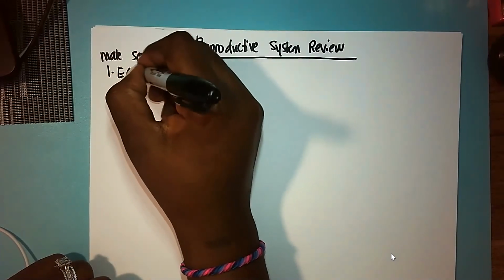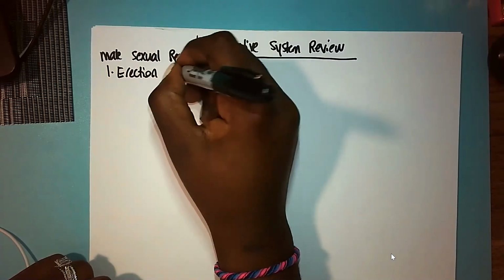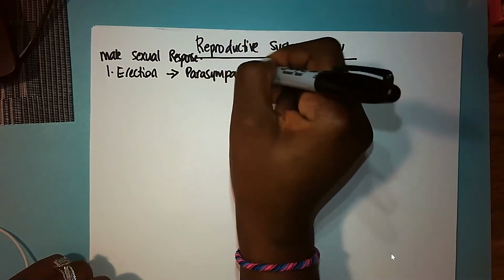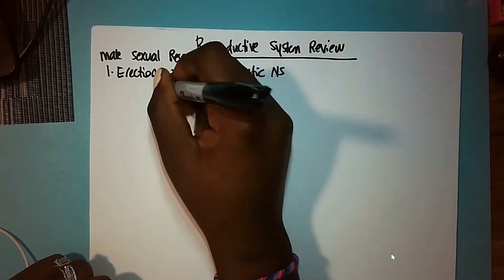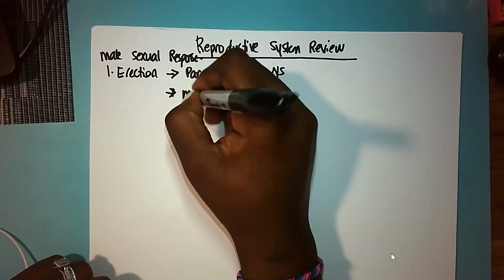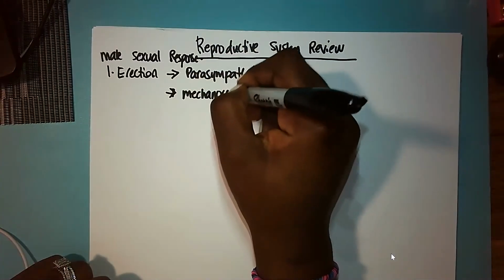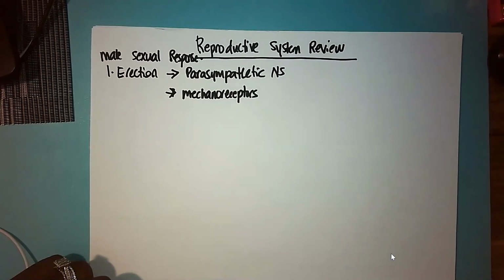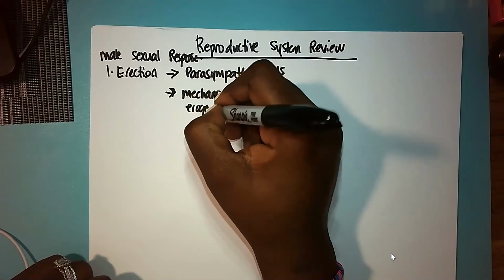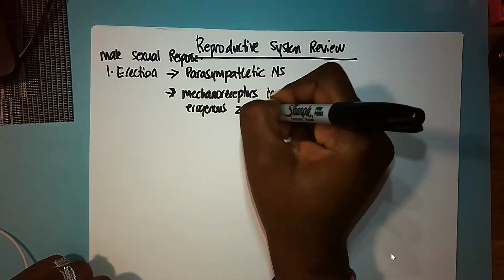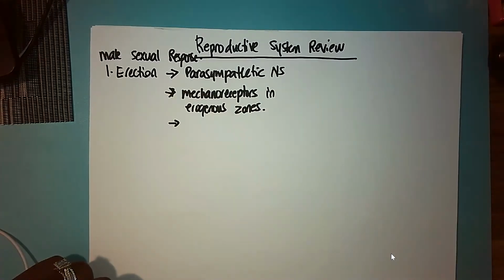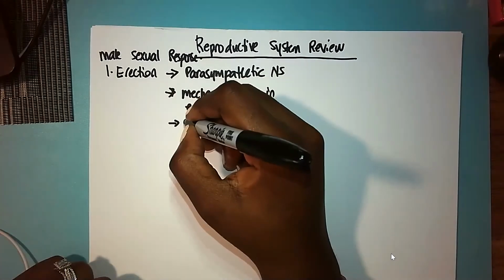There's erection. This is controlled by the parasympathetic system. This is under the influence of the mechanoreceptors. So the mechanoreceptors are the initial stimuli here in erogenous zones. Okay, and here we had the erectile tissue of the penis becoming engorged.